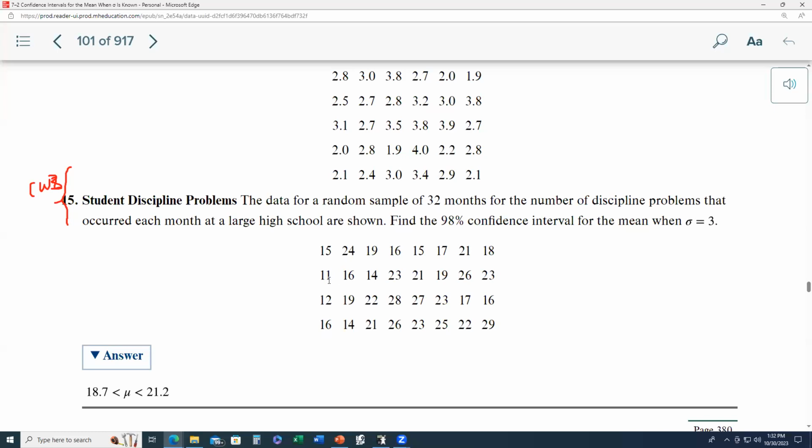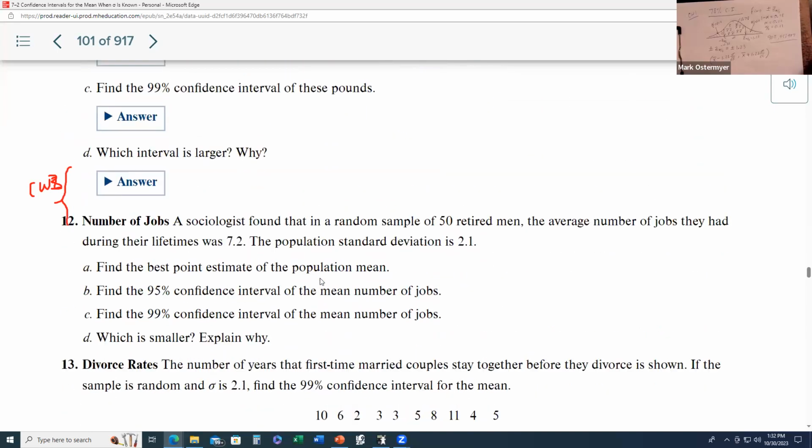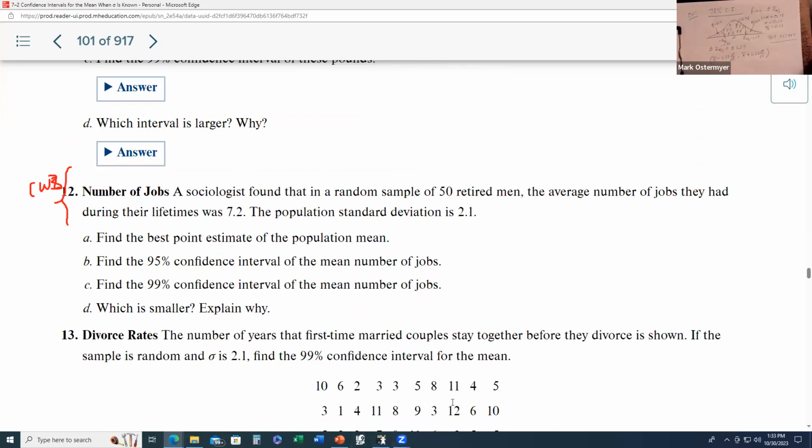All right, now I want to go back to number 12. And again, you can use your calculator. And let's see. All right, number 12 will be classwork number 4. I would like you to do A through D there.